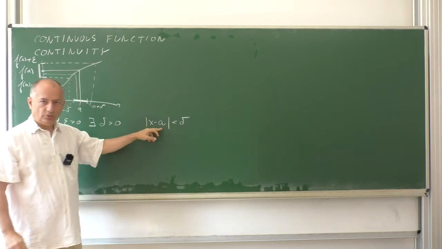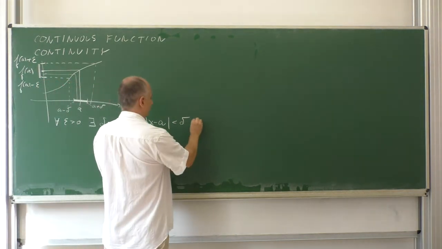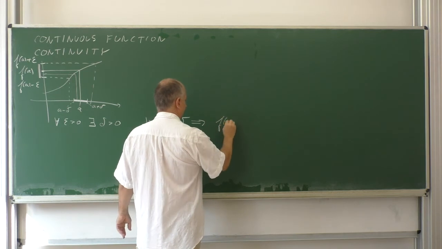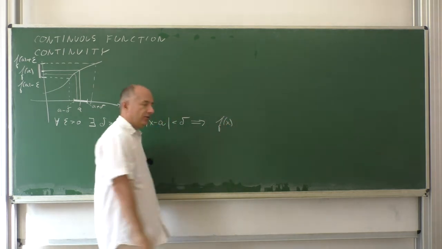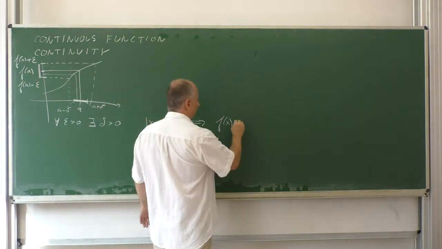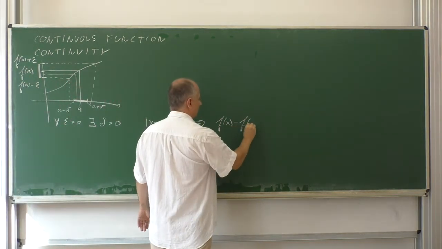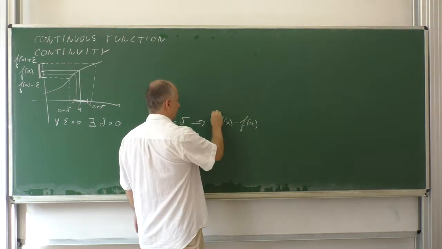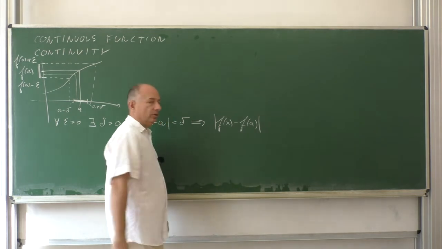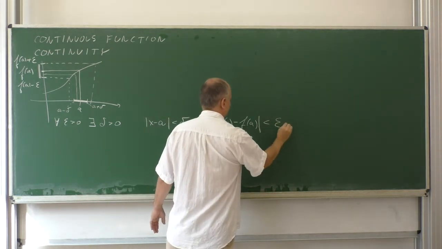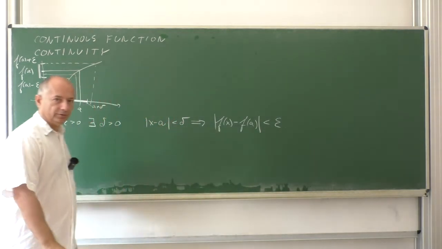So if x is close to a, then the function values of the function at x are close to f(a). Close means that the difference is small, and again it may be positive or negative, so we want the absolute value to be not more than epsilon. This is the definition.